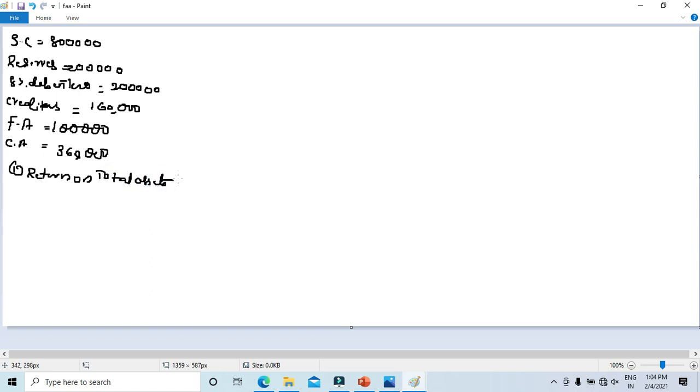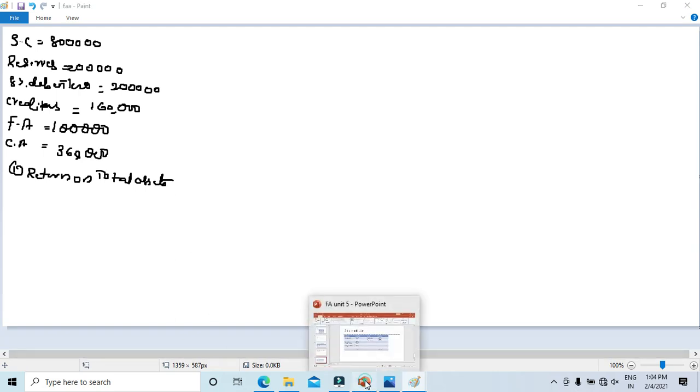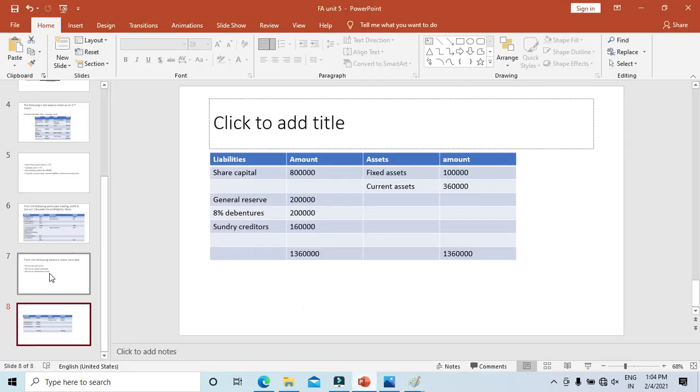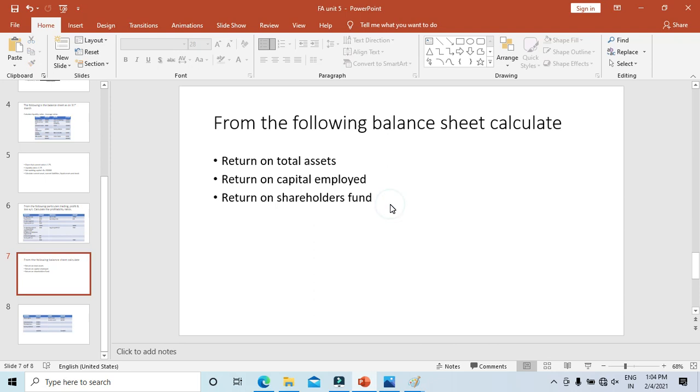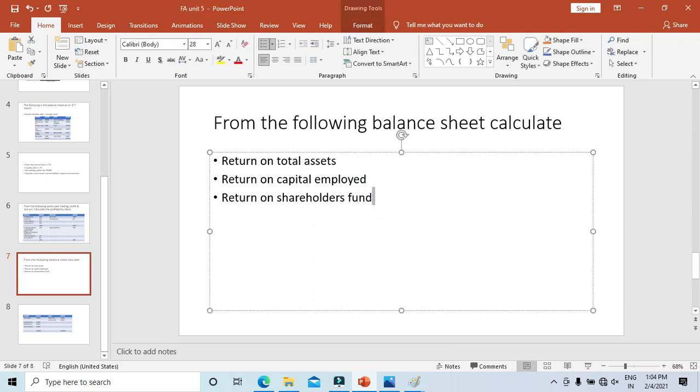So it will be 13,60,000. Fixed assets are 10 lakhs, not 1 lakh, and current assets are 3,60,000.